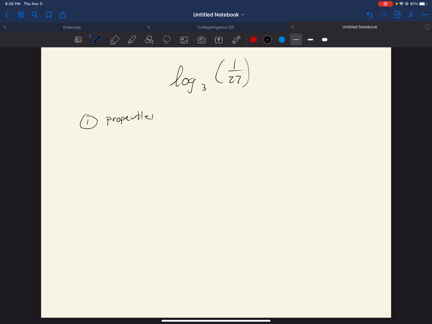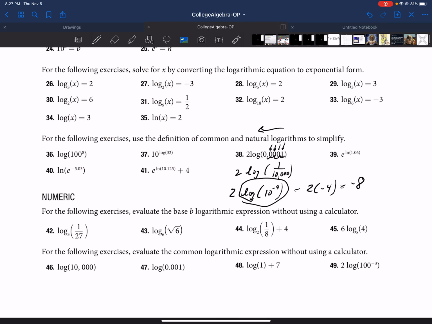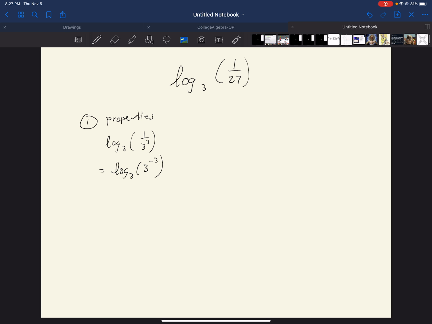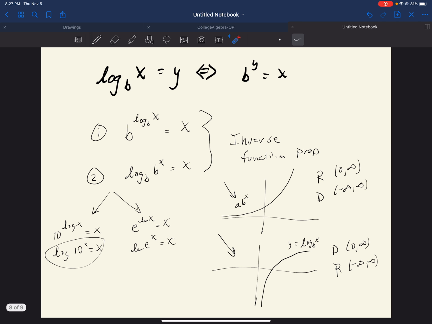And what I mean by that is the following. You could say, well, that's log base 3 of 1 over 3 cubed. 3 cubed is 27. And then that really is log base 3 of 3 to the negative 3.